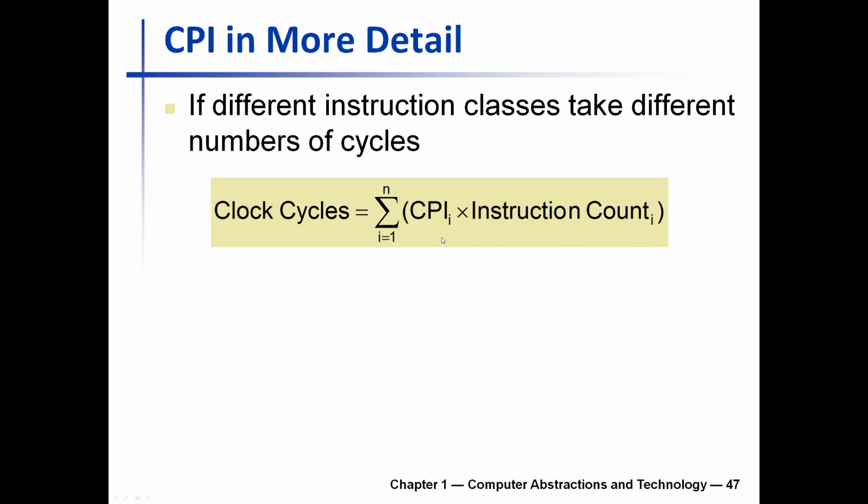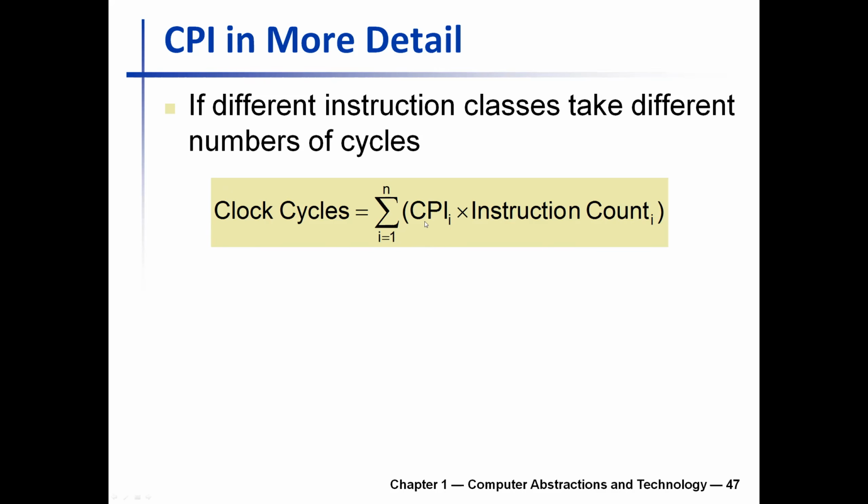Say we have n different instruction classes, and from each class we have a number of instructions in the program, and for that class we define CPI because CPI is common for that class. So we can come up with the total clock cycles for the program like this, right?